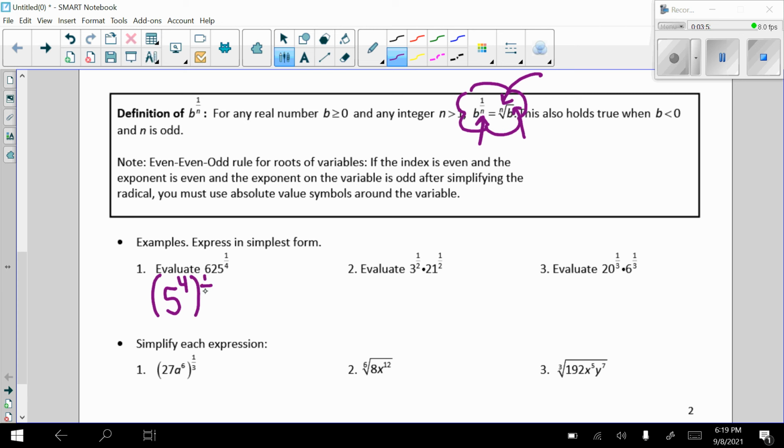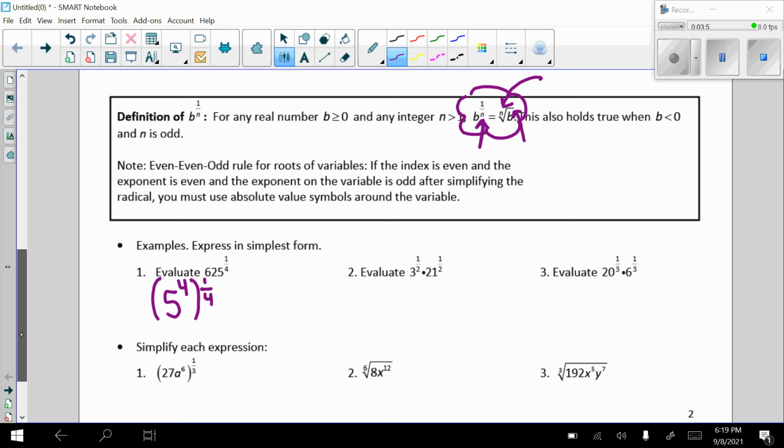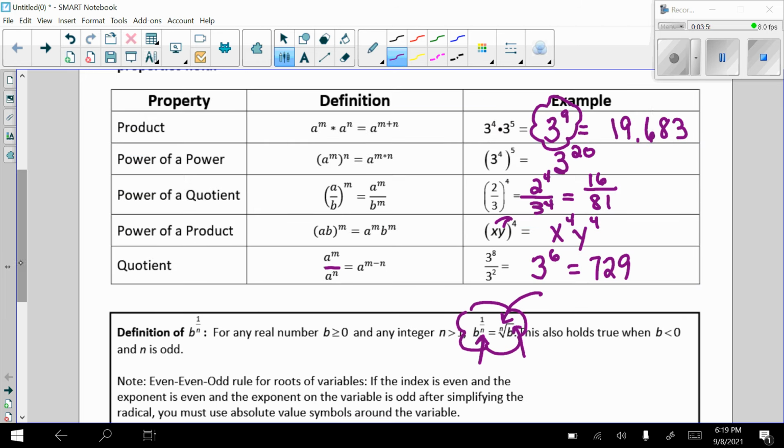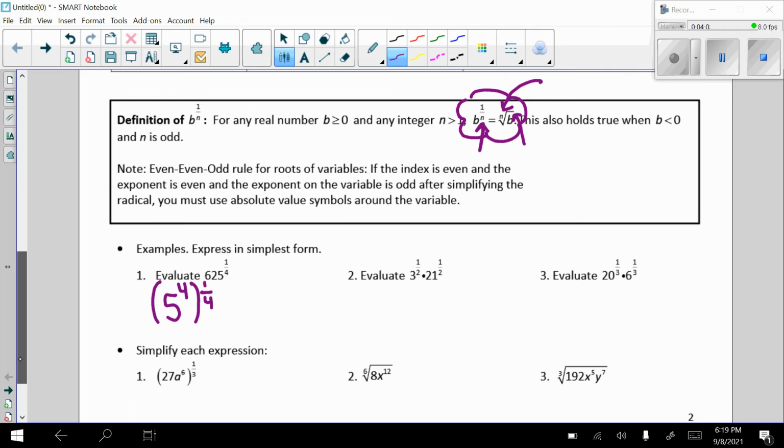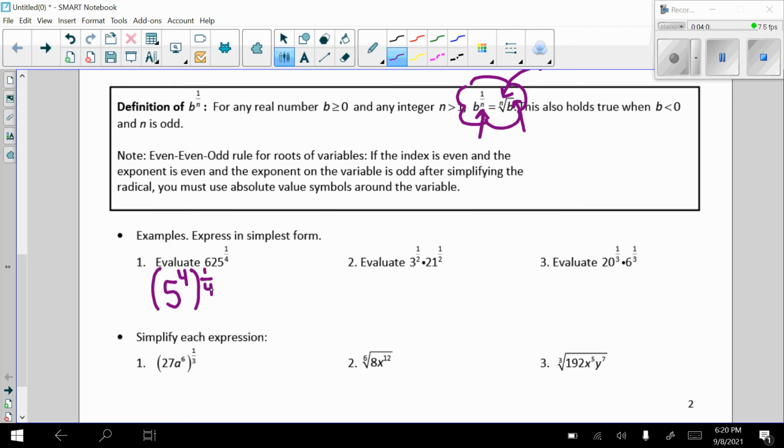And that is being raised to the 1/4 power. Now, this is where we have to go back and think, power of a power, we multiply. So, 4 times 1/4 is 1. In fact, you might even think of it like this, where these would cancel each other out. Which means this simplifies down to 5.